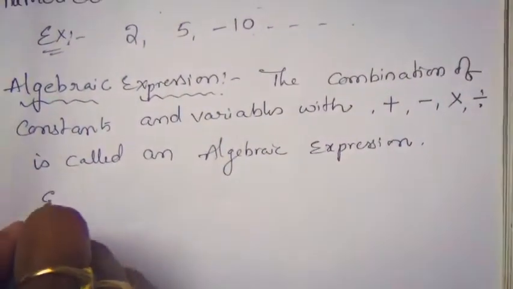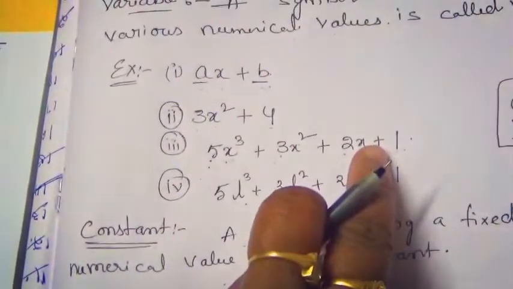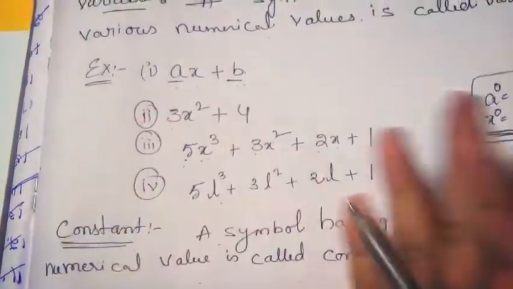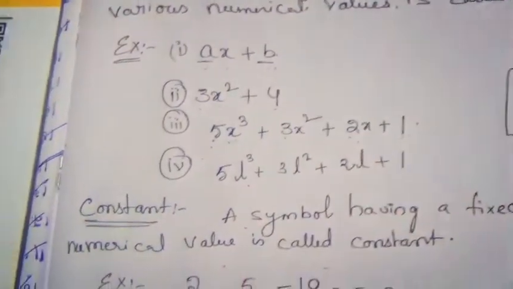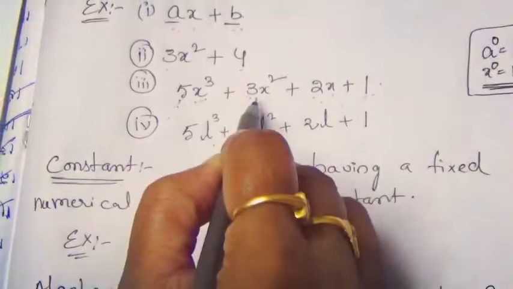Algebraic expression. Some examples I am giving here for the algebraic expression. As I already said, this one is an algebraic expression, this one is another algebraic expression. We can write them by using numericals and variables, constants and variables.